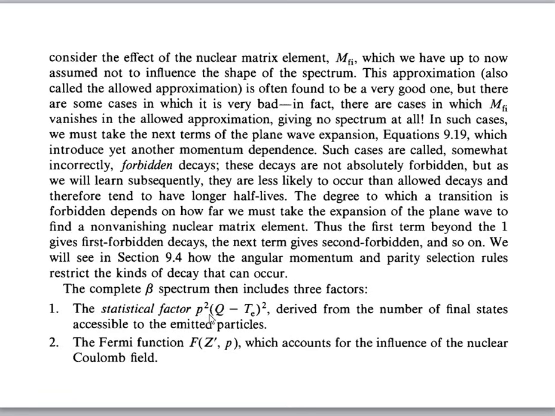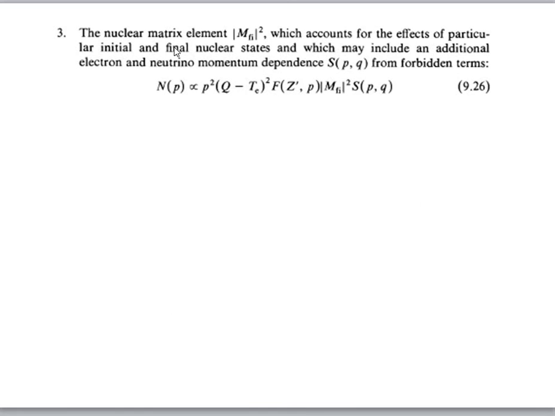The statistical factor, that is p squared into (Q minus T) the whole squared, is derived from the number of final states accessible to the emitted particle. The second is the Fermi function F(Z', p), which accounts for the influence of the nuclear Coulomb field. And the nuclear matrix element M_fi the whole squared accounts for the effect of the particular initial and final nuclear states, and may include an additional electron and neutrino momentum dependence S(p, q) from forbidden terms.